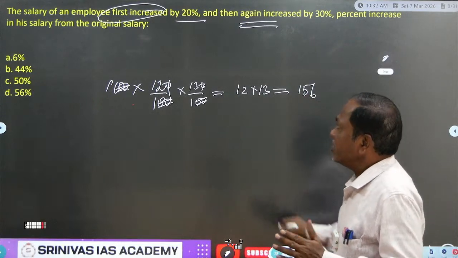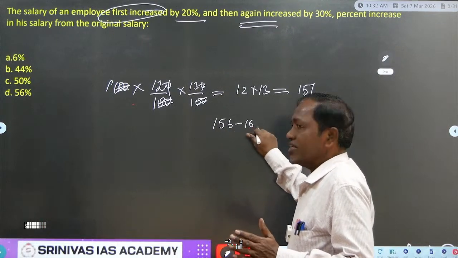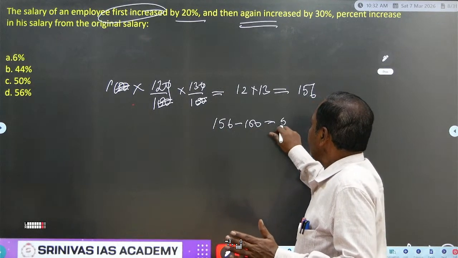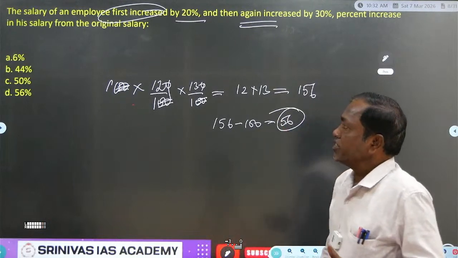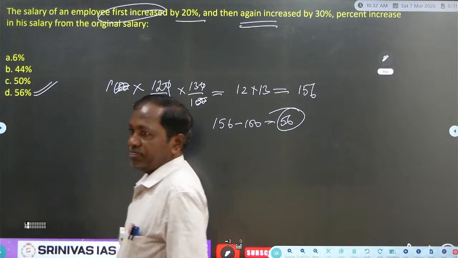What is the net increase? 156 minus 100, so 56. 56% is increased. This is Option D. Why?